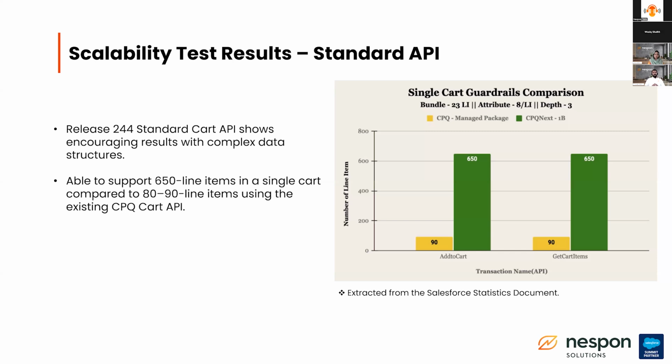This demonstrates that the Standard Cart API is well equipped to handle high volume transactions effectively. In summary, it allows customers to create a single cart even if they have more than 90 line items. They don't need to create multiple orders for the same customer, saving time in order processing.